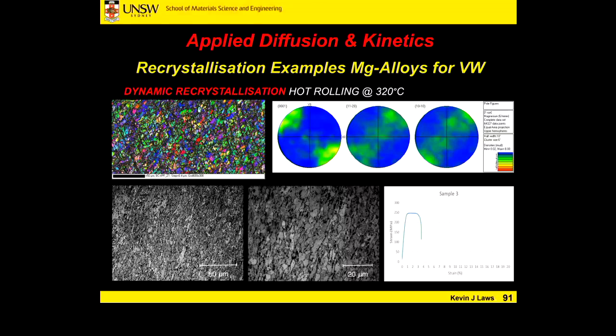Then what we do to that strip is we roll it, to get rid of any casting defects, and to try to increase the strength of that material by reducing the grain size. For HCP materials, the grain size is also a little bit critical for ductility because we have grain boundary sliding going on as well. Part of my job was to define a rolling program to do that reduction.